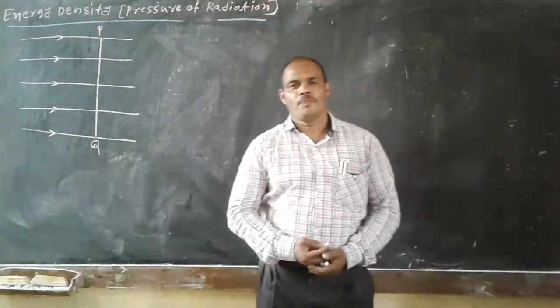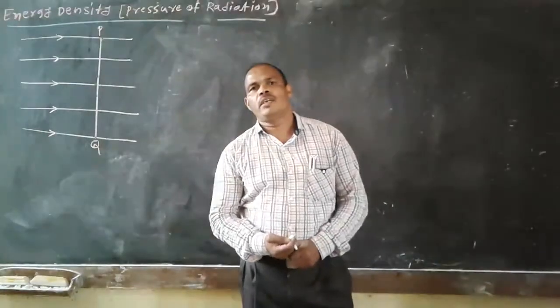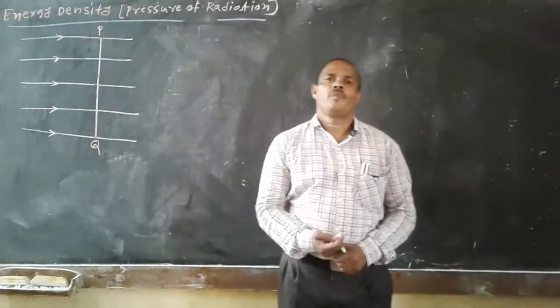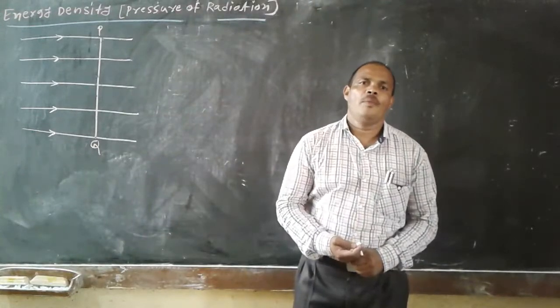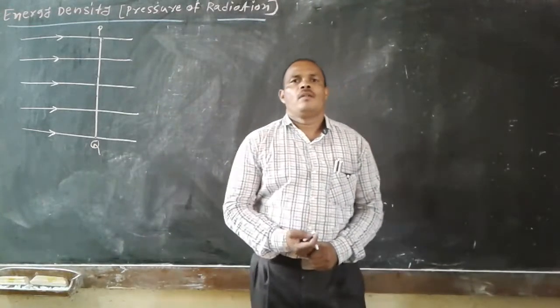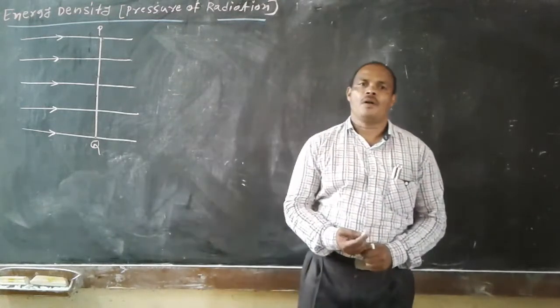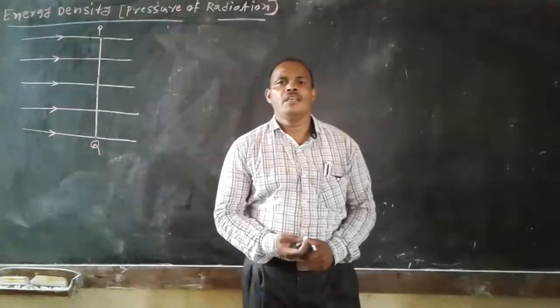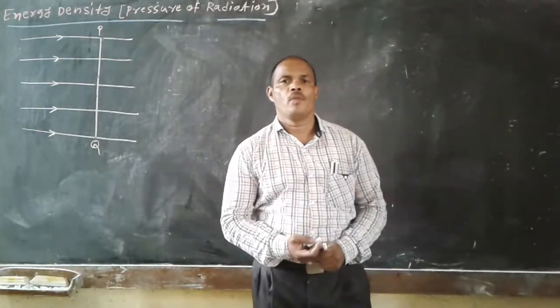Good morning students. Today I am going to discuss the concept of energy density and radiation pressure and the relation between the energy density and radiation pressure. Energy density means energy per unit volume.